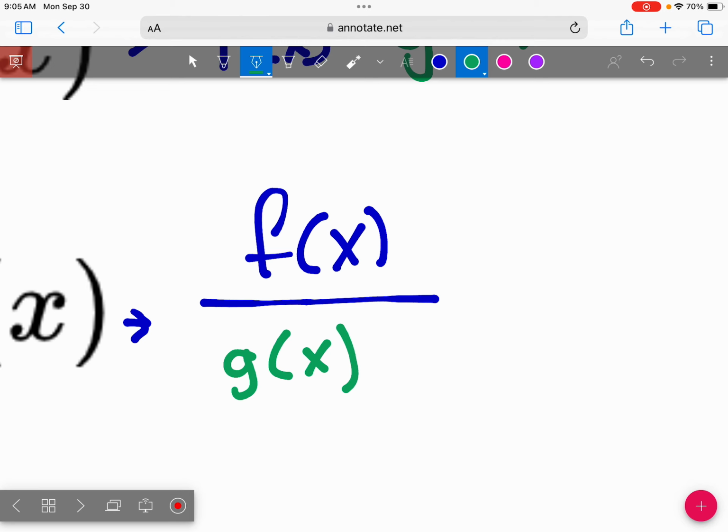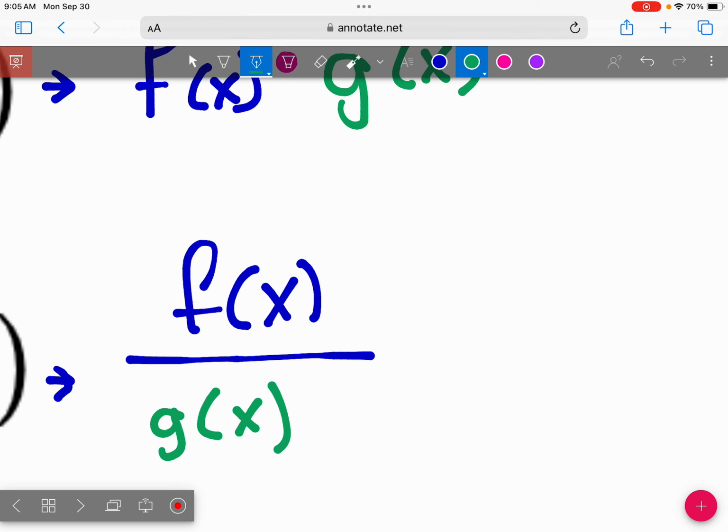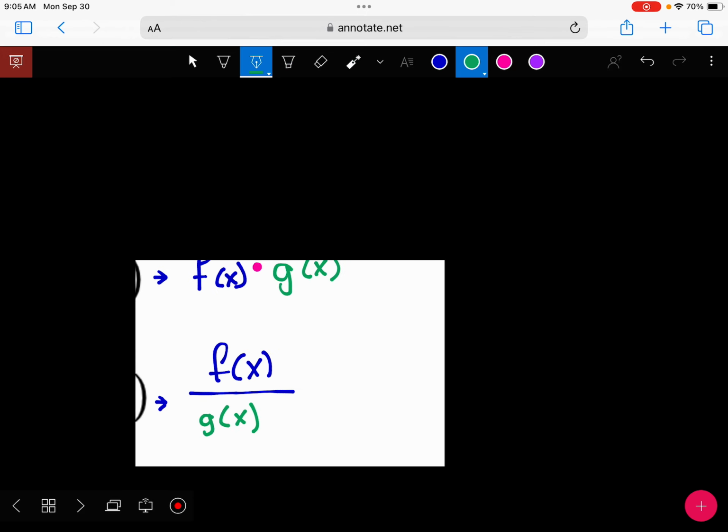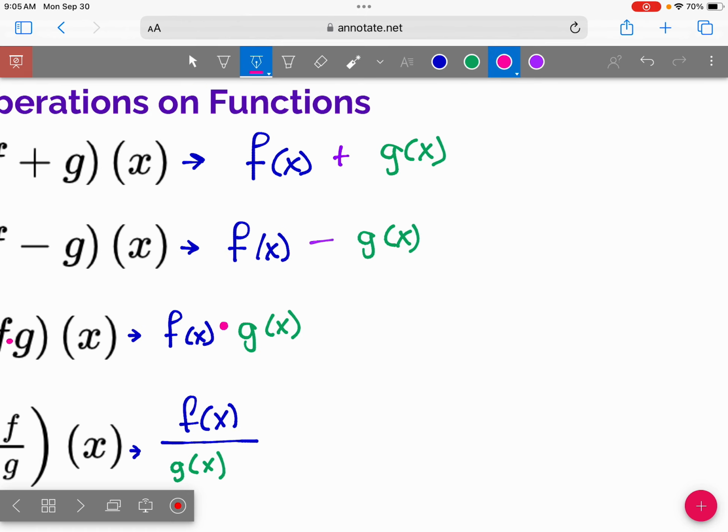We're going to start by just doing this with substitution, but we also need to be super duper careful because our domains are going to be a little bit different. A lot of times it'll say perform the operation on the functions and state the domain.